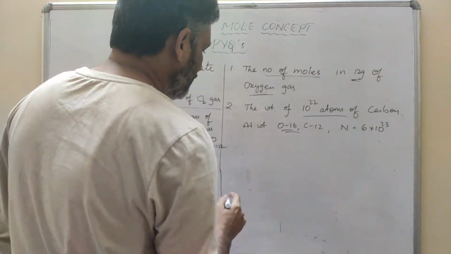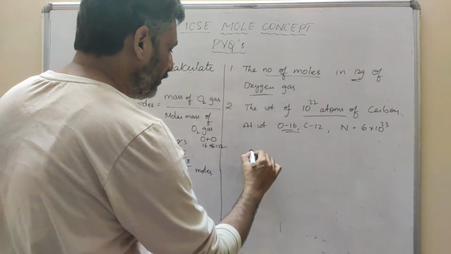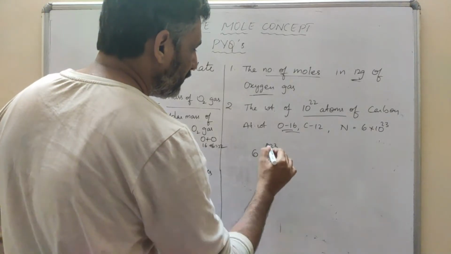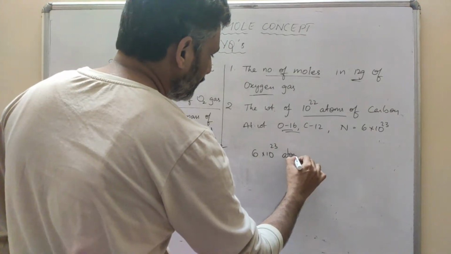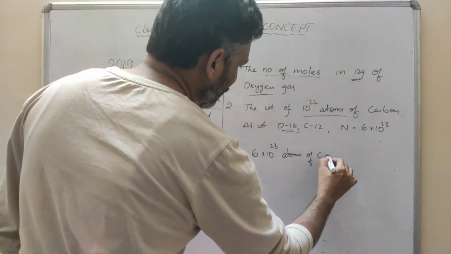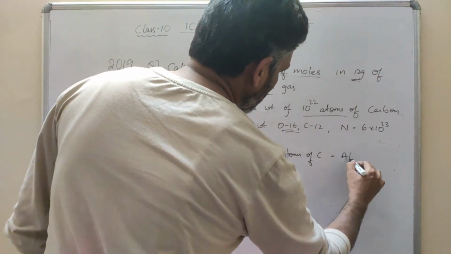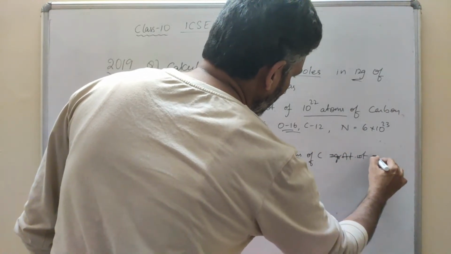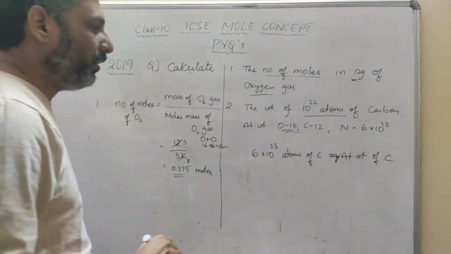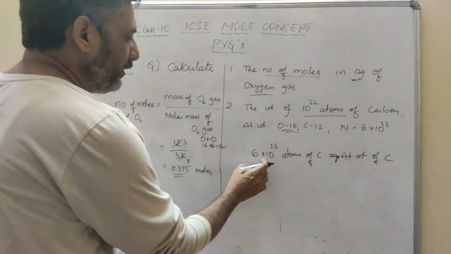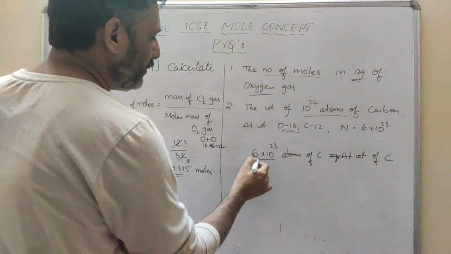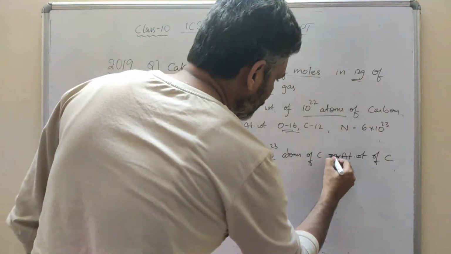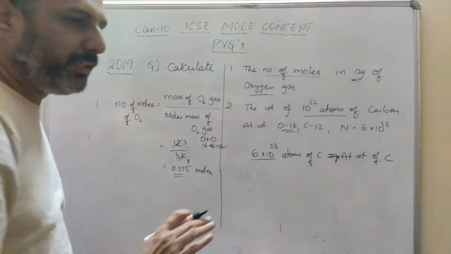So this is the number of atoms. Again, from Avogadro's law, when you take 6 into 10 power 23 atoms of carbon, that will be equal to the gram atomic weight of carbon. If you take 6 into 10 power 23 atoms of any substance, that will be equal to the gram atomic weight of that same substance.